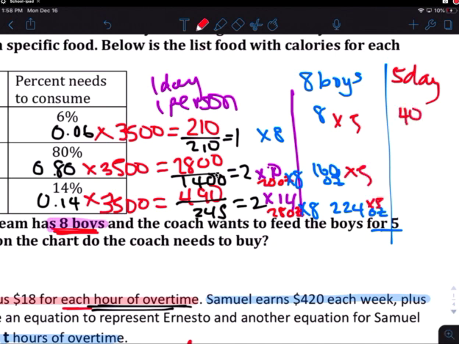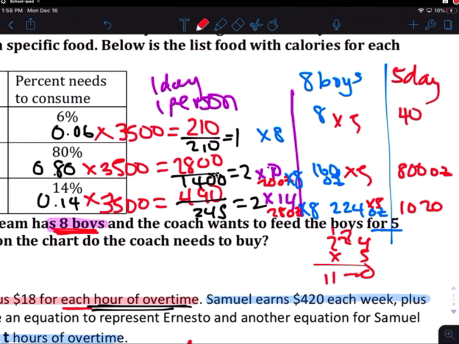It's 40. 800 ounces. And this is 1,000. Let's see. 224 times 5. 20 carry the 2. 100.